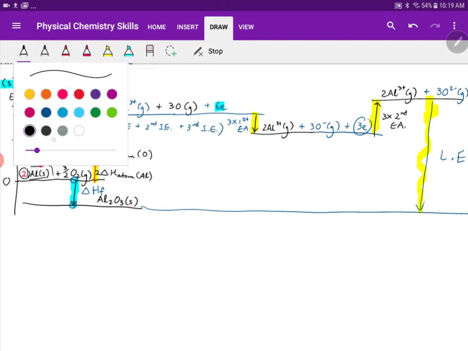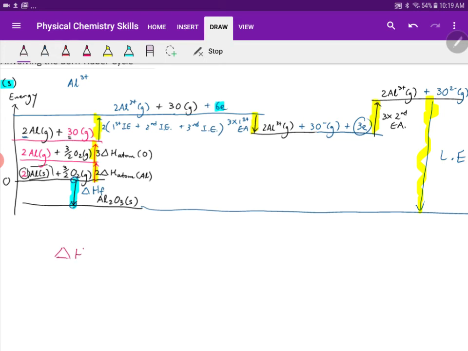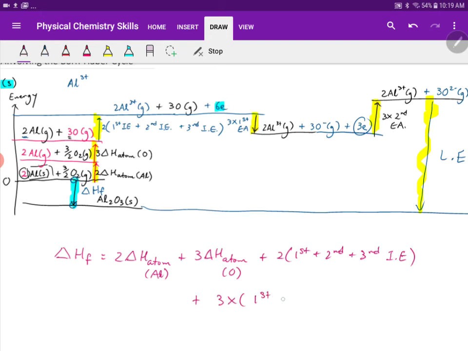So if I were to write everything down, delta H formation will be equal to 2 times delta H atomization of Al plus 3 times delta H atomization of oxygen plus 2 times first plus second plus third IE of Al, plus 3 times first plus second EA of O2 plus lattice energy.